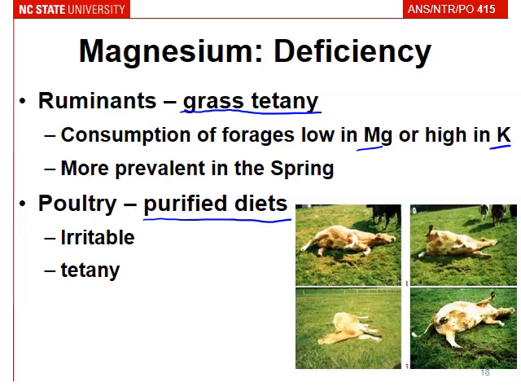But that's how we have discovered what magnesium deficiency looks like in poultry. It's not very reasonable. You're not really going to encounter magnesium deficiency in poultry. It's going to be more of a general malnutrition, or the mineral mix was left out of the diet.